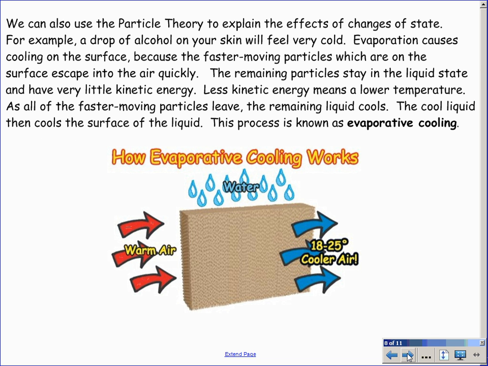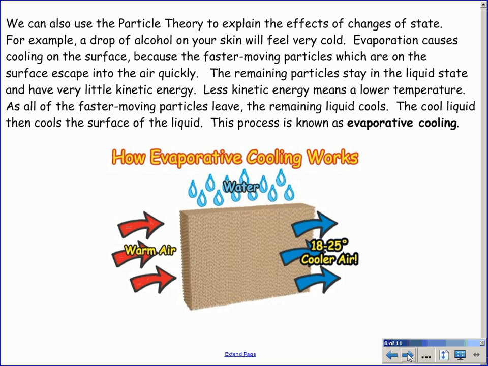We can also use the particle theory to explain the effects of changes of state. For example, a drop of alcohol on your skin will feel very cold. Evaporation causes cooling on the surface because the faster moving particles, which are on the surface, escape into the air quickly.